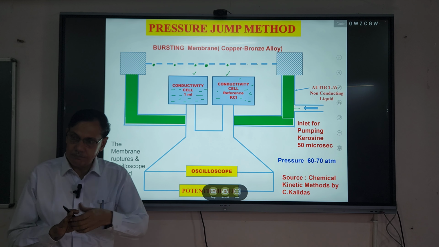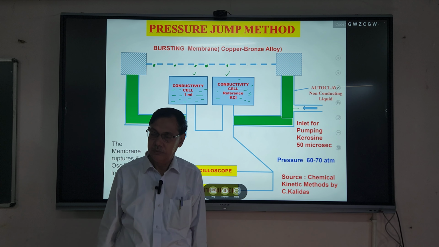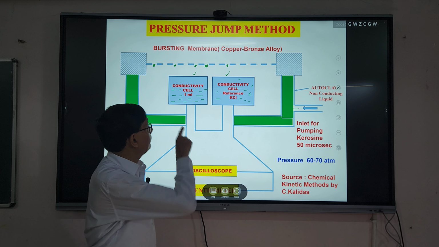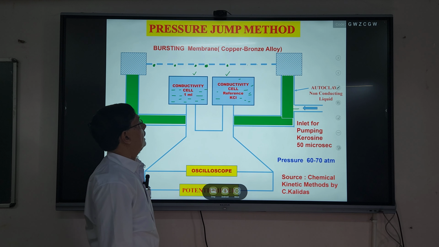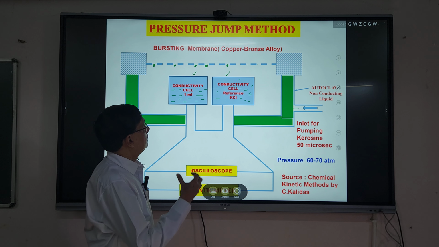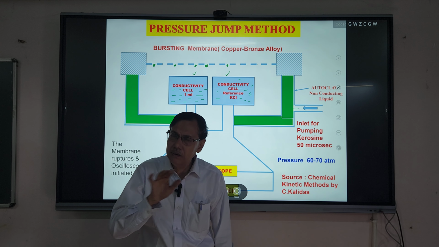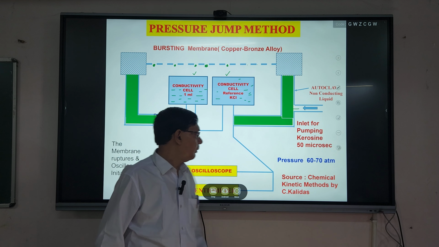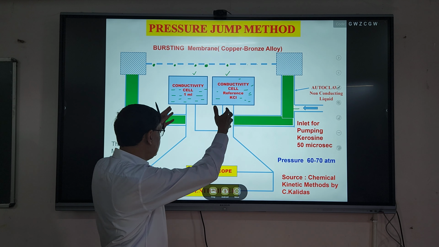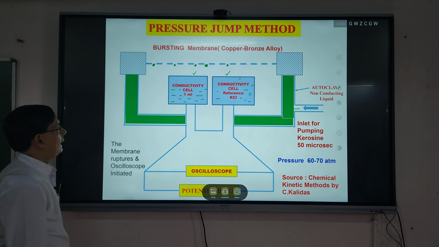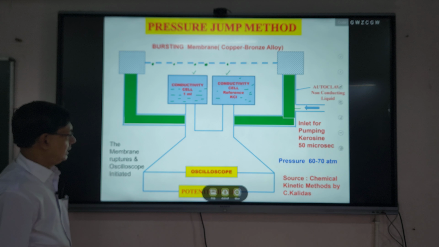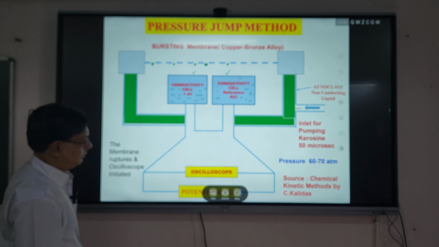Suppose this is the autoclave. There are 2 cells, and that is a membrane, which was prepared from a copper bronze alloy, very thin, and of course it is connected, and this whole system is connected with an oscilloscope as well as a potentiometer or whatever you can write.